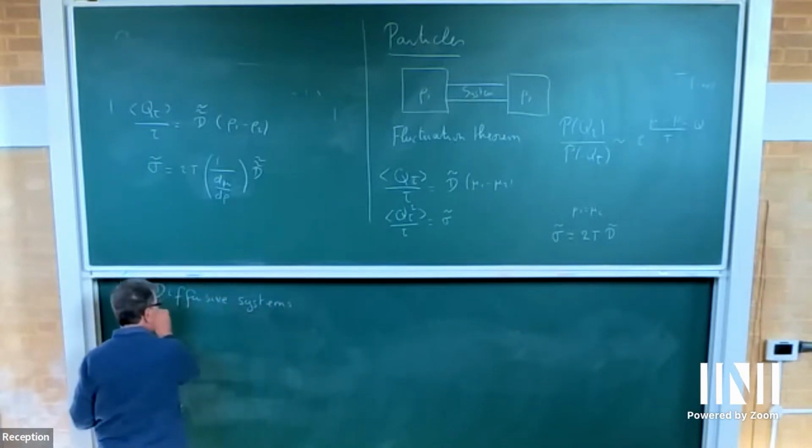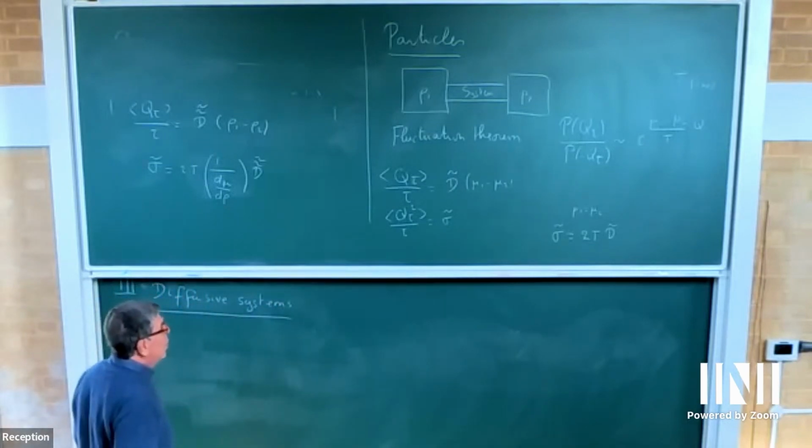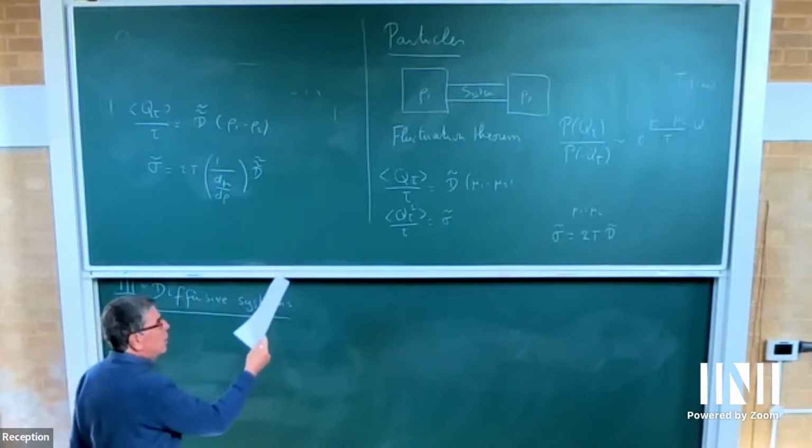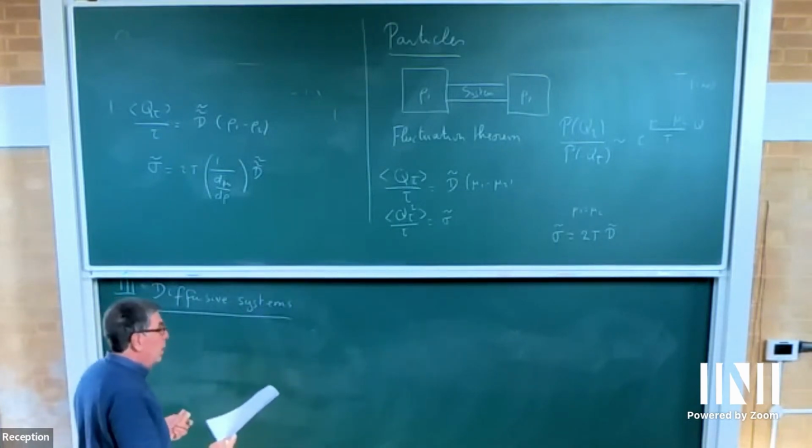So a diffusive system is just a system where we say something about how D tilde and sigma tilde depend on the system size.